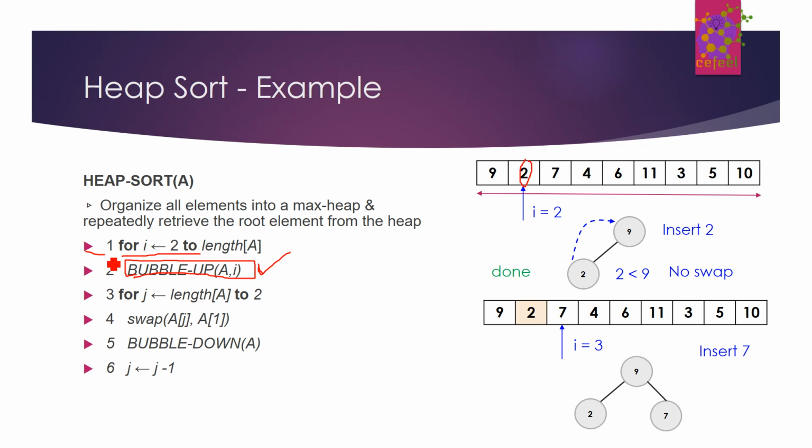Then the bubble up process starts, where we compare the node with its parent. 7 is compared with 9, and 7 is less than 9, so there is no need to swap. The heap property is still satisfied, and we are done here as well. So I equals 3 is done.